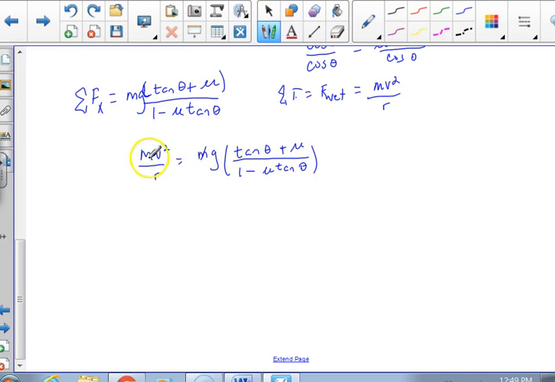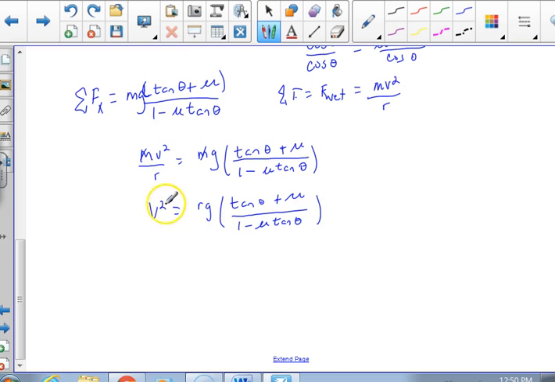Our m's are going to cancel as we divide away the m. We're going to cross multiply the r and get v squared equals r times g times tan theta plus mu over 1 minus mu tangent theta.